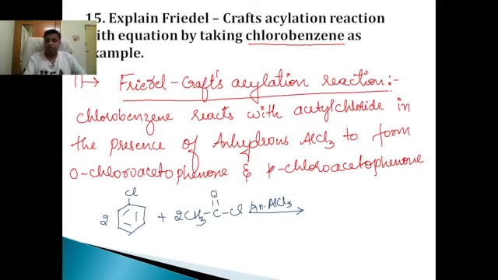In the presence of anhydrous aluminum chloride, it forms 2 products. First product is chlorine, C double bond OCH3, this is orthochloroacetophenone, and one more.